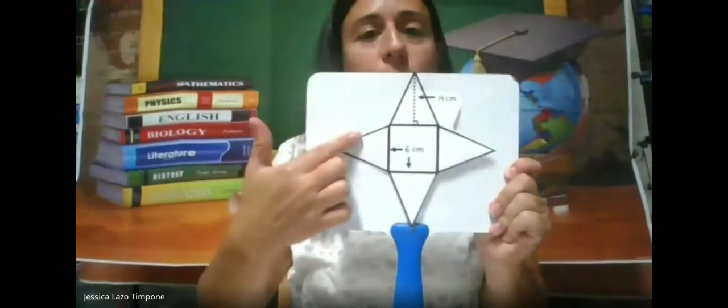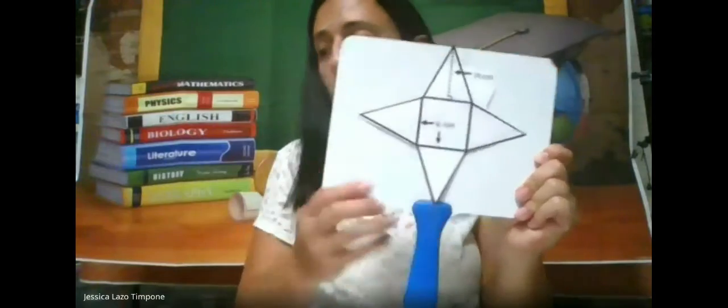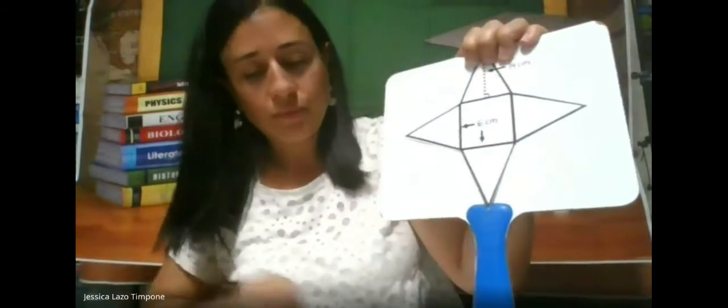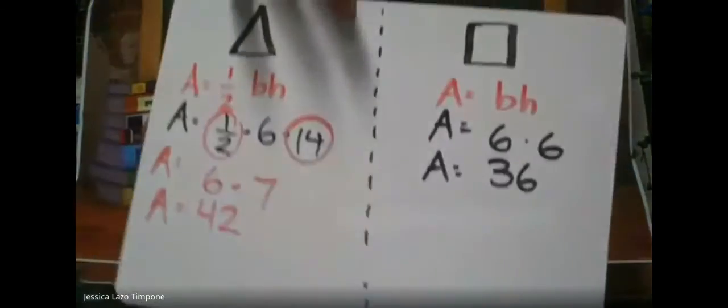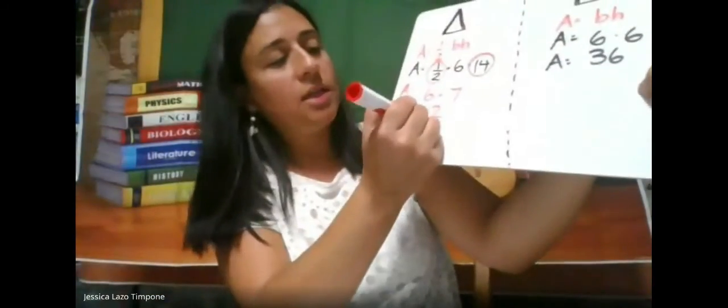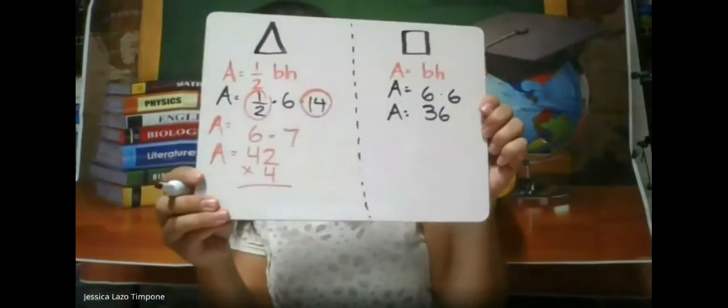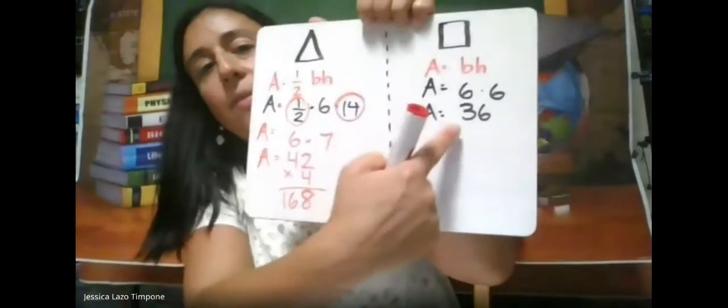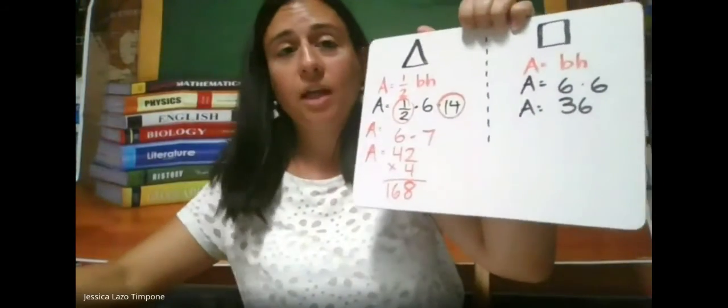So I need to multiply the area of the triangle, which we just found is 42, by 4. So we're going to take this 42 and times it by 4. And when we multiply it, we get 168. And now we can take this 168 and this 36 and add them together for our final answer.